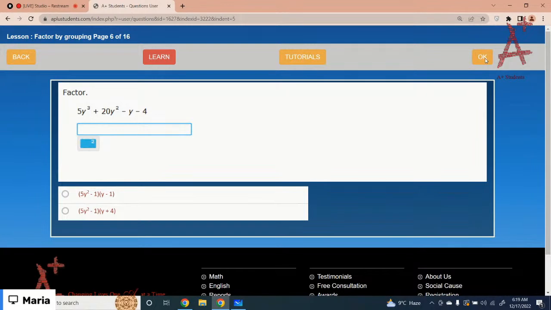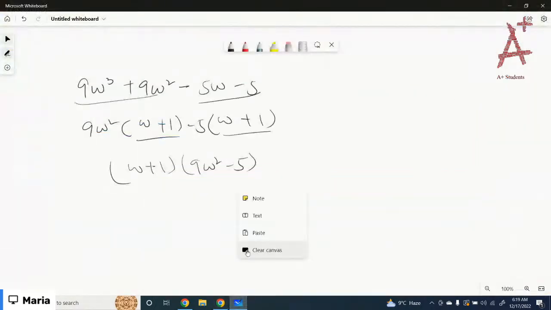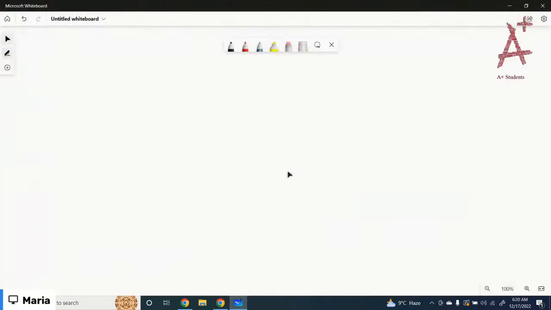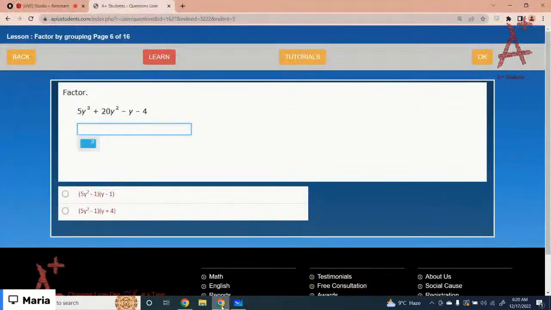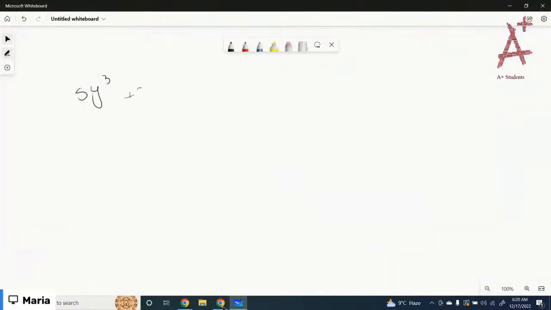Okay, 5y cube plus 20y square minus y minus 4. Let me write it down on board, 5y cube plus 20y square minus y minus 4. Okay, here we have 5y square common, so you are left with y plus 5 times 4 is 20.